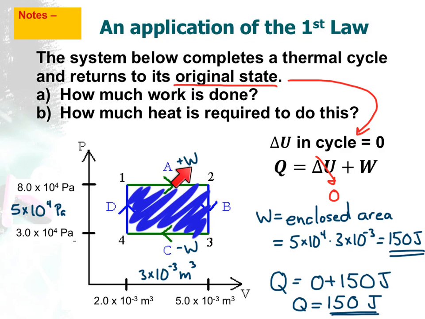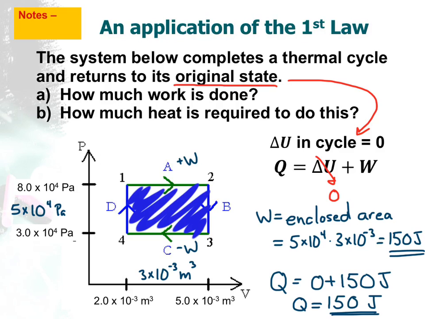Okay, this is going to be a large positive work on this step. It's going to be a smaller negative work as it goes from here to here in the cycle. The positive work is larger than the negative work, so I know that my net work over the entire cycle has to be a positive number.